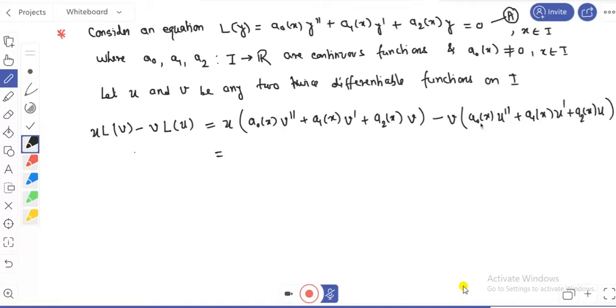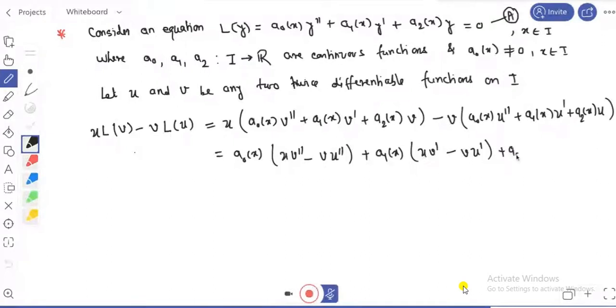Look here, the a0 term is common, so we can write a0(x) times the bracket (u v'' minus v u''). For the second one, a1 is common, so if we take a1(x) common, here (u v' minus v u'). And the last term is a2(x); if we take it common, this is (uv minus vu).